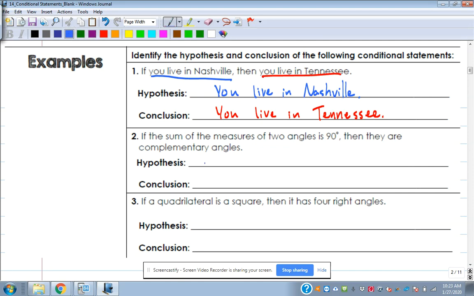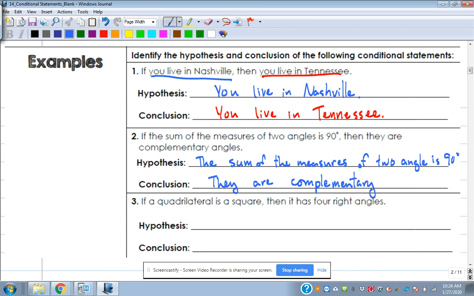So the sum of the measures of two angles is 90 degrees, then they are complementary. Make sure you spell complementary correctly. An E instead of an I.